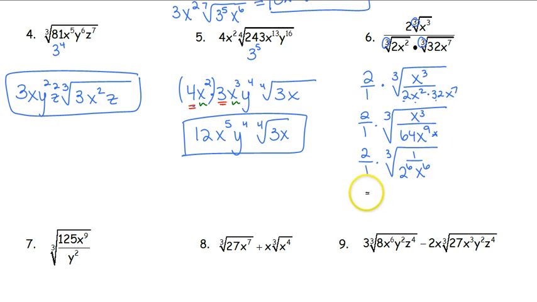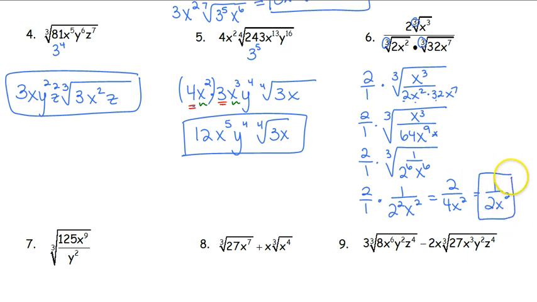So on the top, that becomes 1, multiplied by 1. We need groups of 3. We have 6, so we can bring 2 groups to the outside, and 2 groups of x's as well. That gives us 2 over 4x squared. Reduce your fraction, and that's 1/2 with x squared on the bottom.